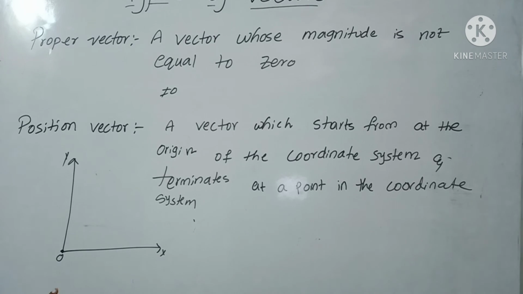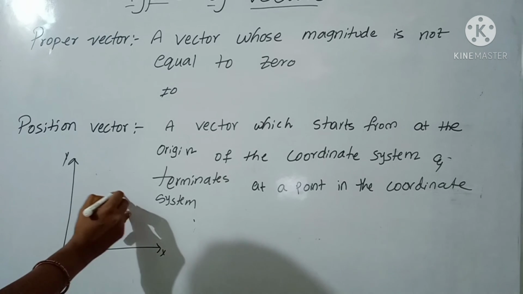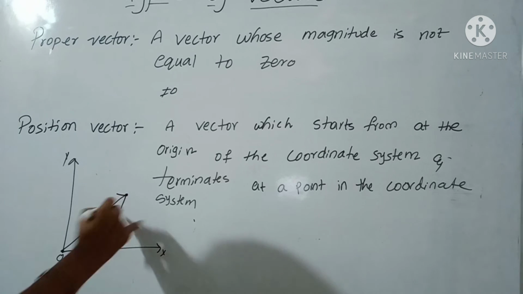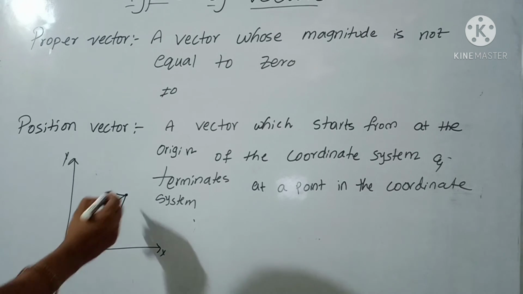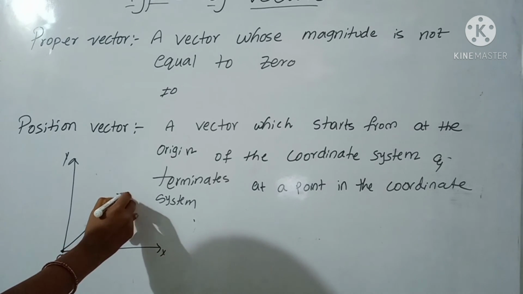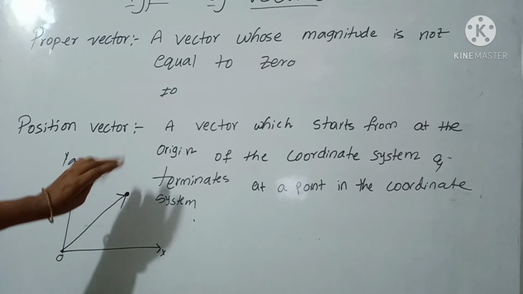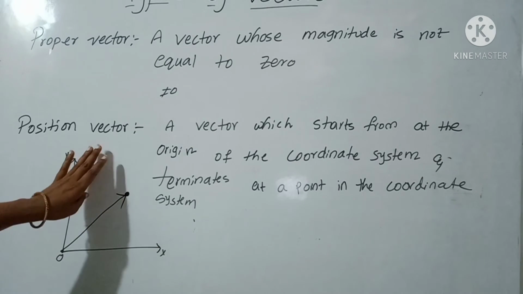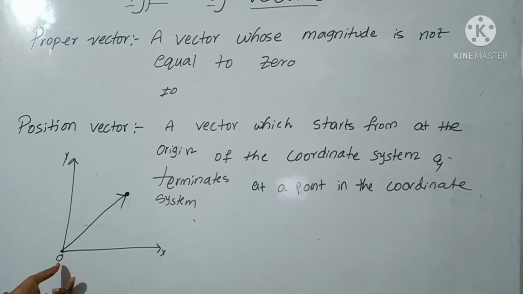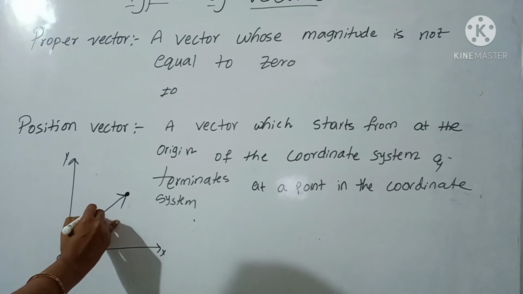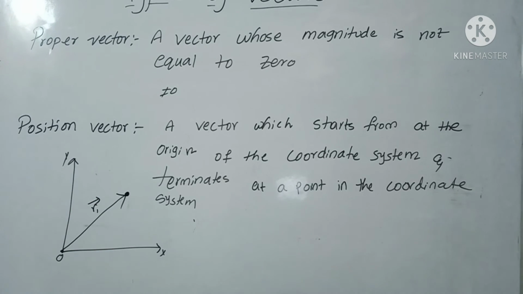The vector starts here and terminates at a point in the coordinate system. So this is the position vector. Simply, this is the position of an object, say a particle. If we want to state the position of this particle in the form of a vector, we take the coordinate system and from the origin to that particle we draw the vector. This we call the position vector.